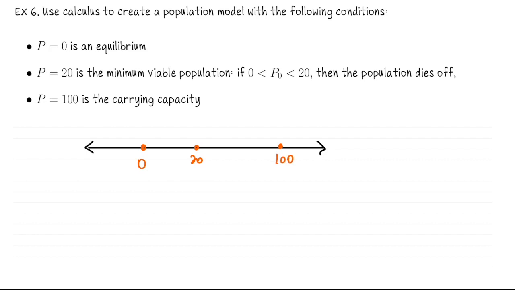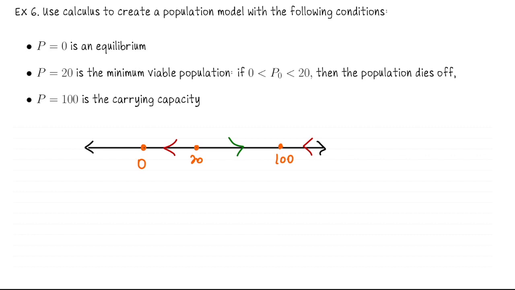I don't care what happens to the left of 0 because our population is not going to go negative, but if we're between 0 and 20, we want to go extinct. So our population should travel to the left between 0 and 20. Between 20 and 100, it should grow. But greater than 100, it should go back down towards 100 because you've exceeded your carrying capacity at that point.